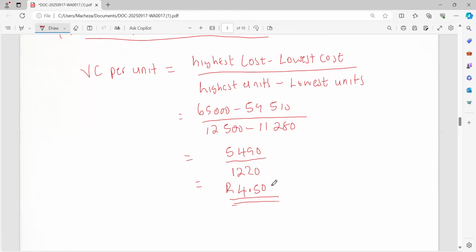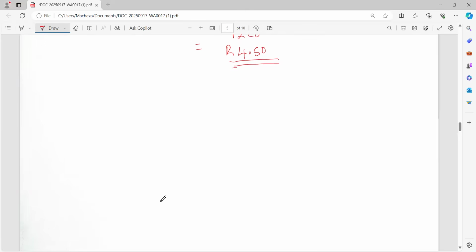Now that we have our variable cost, we can determine our fixed cost. You can use this equation, y is equal to a plus bx.